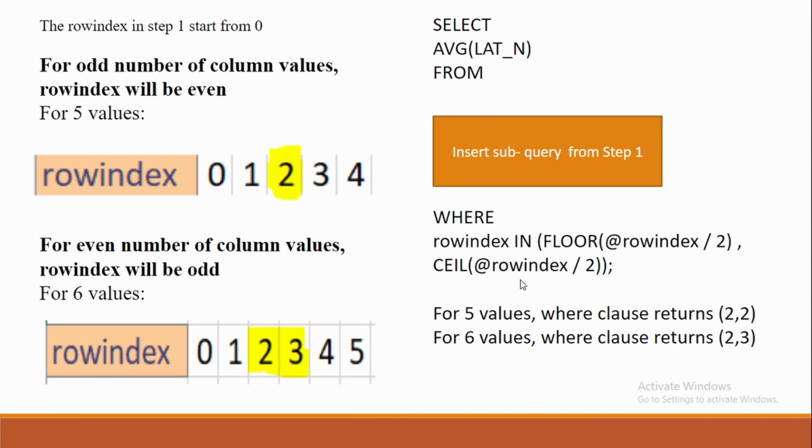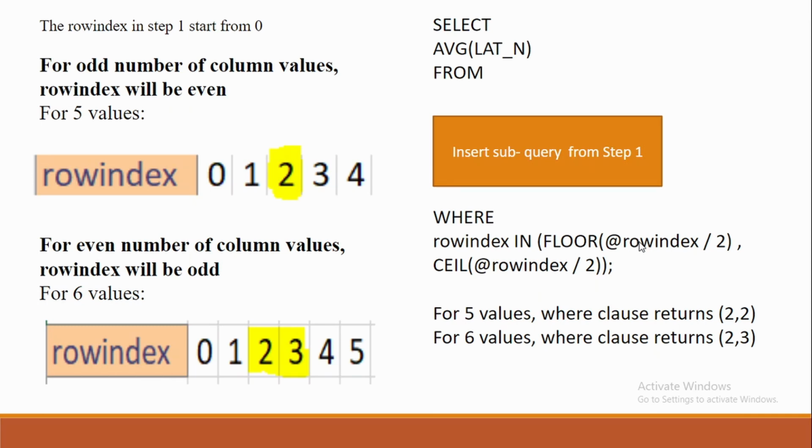Let's understand how. Suppose we have 5 values in our column, then the index attached will be like so for the values in the column. It will start from 0 and end at 4. So the raw_index attached to the last element will be 4, and this value will be present here. 4 divided by 2 will give you 2.